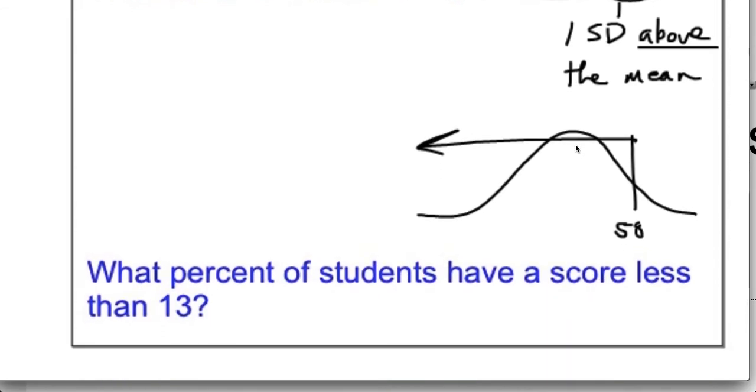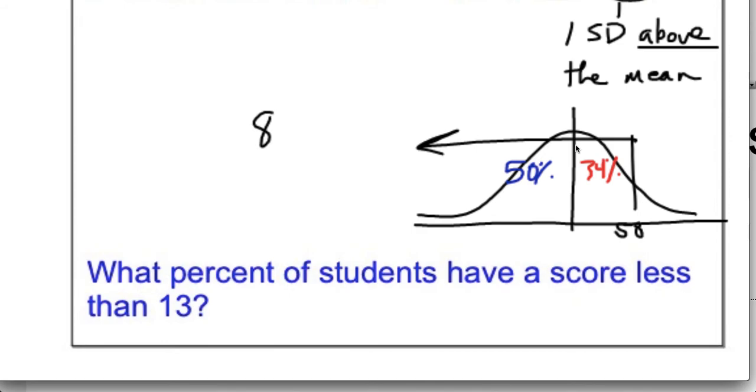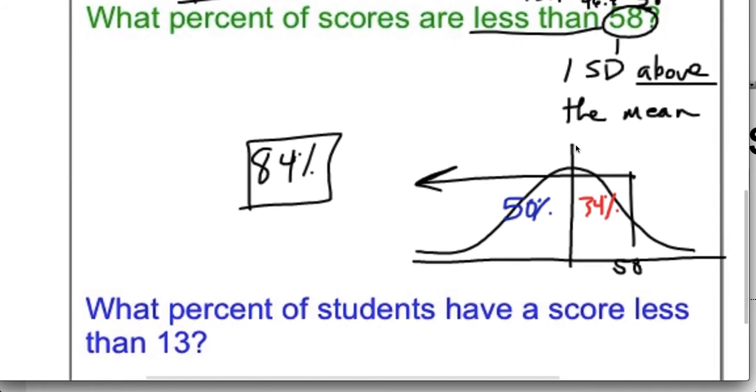Remember, this is the mean right here, 34% fall in this chunk, 50% fall below the mean. So then once again, we would estimate that 84% would score below a 58 on the PSAT. Okay. 84%.